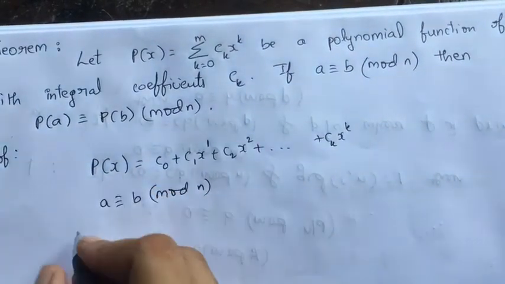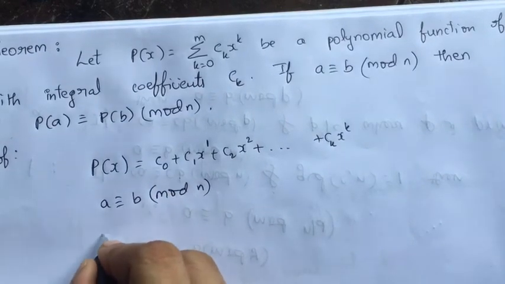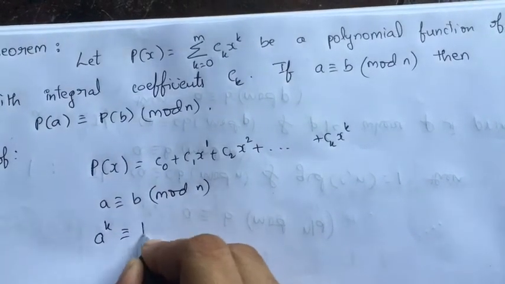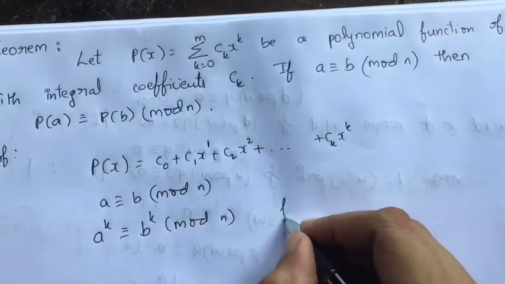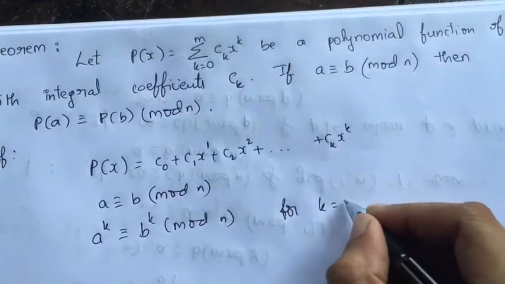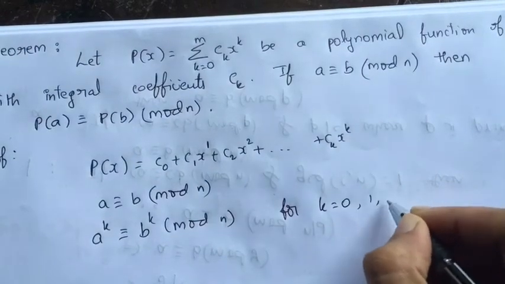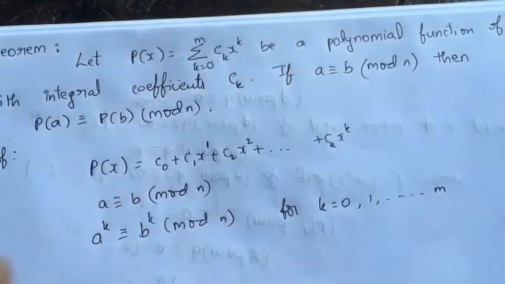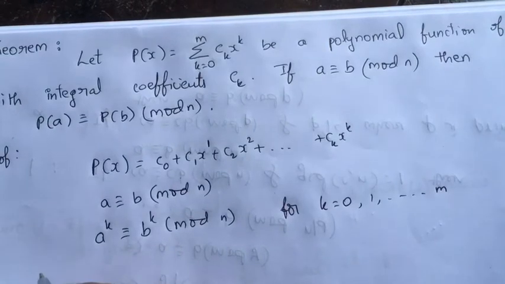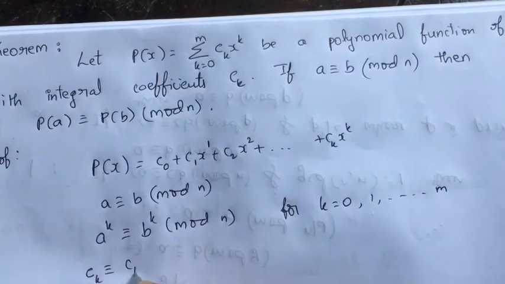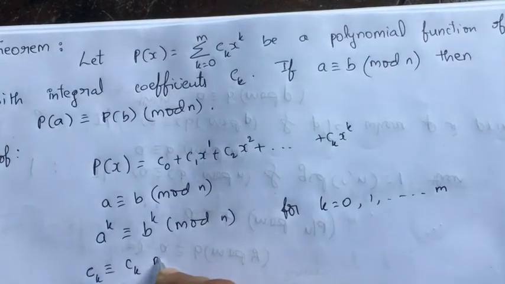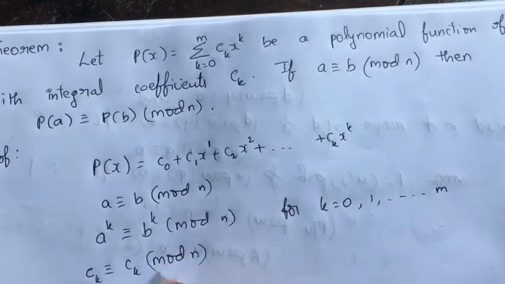Now by the properties of congruences, I can write a power k is congruent to b power k mod n for some integer k ranging from 0, 1, and so on till m. Let's take it like that. Now I also know any integer is congruent to itself. ck is congruent to ck mod n, right?